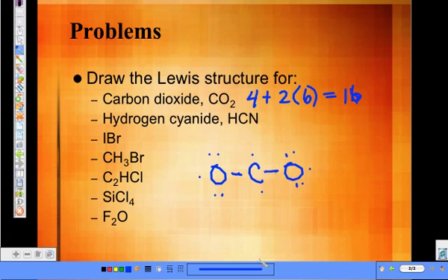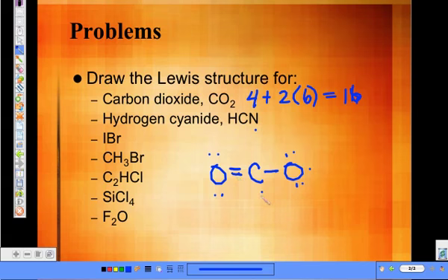Now, do each of the atoms have an octet? No. 2, 4, 6, 7, 2, 4, 5, 6, 2, 4, 6, 7. So each oxygen needs 1, carbon needs 2. What do you think we're going to do? So like this one and this one are going to form a double bond right here.